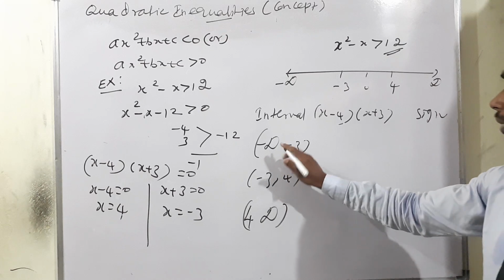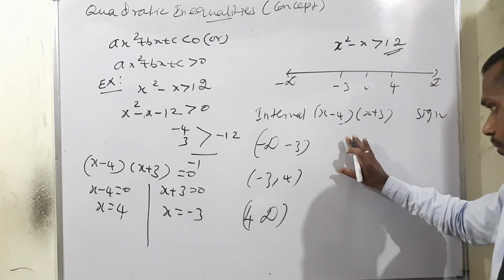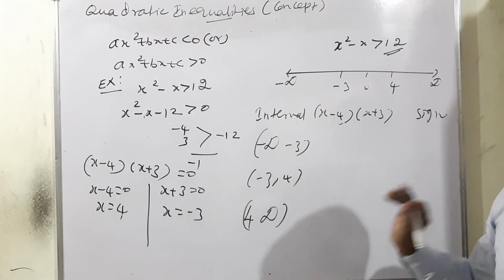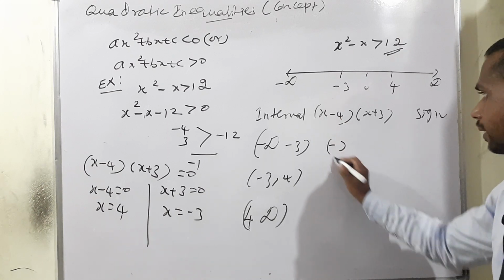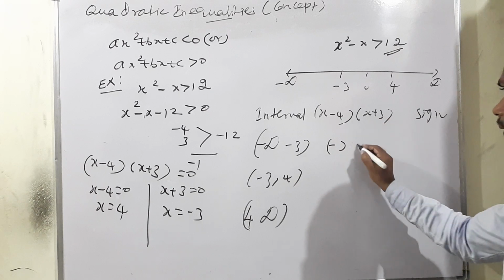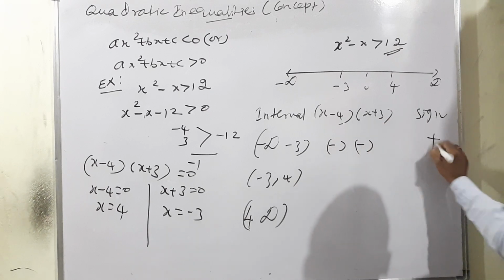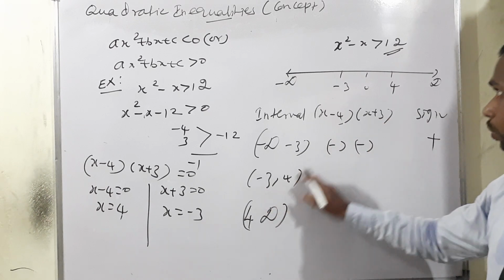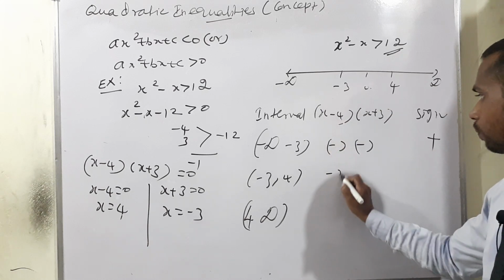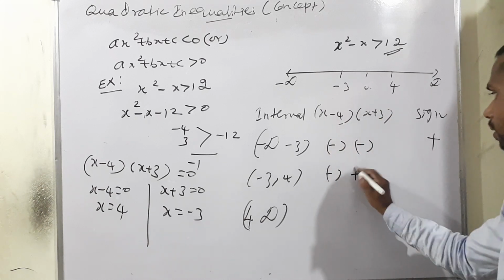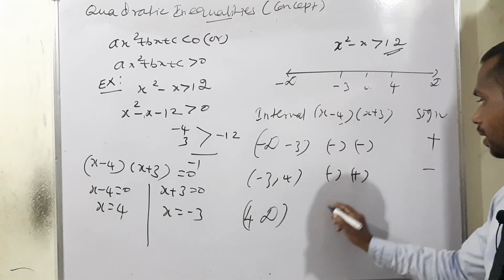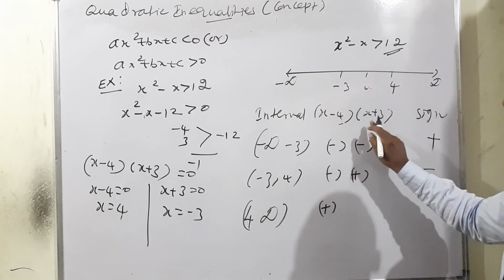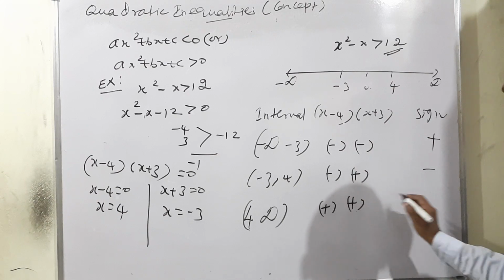First one, take minus 4. Now we only have to write the sign. Minus 4 means minus sign, and x plus 3 again minus sign, so minus into minus is plus. Next, minus 3 to 4, 0 is there, no? 0 minus 4 is minus, 0 plus 3 is plus, so plus into minus is minus. Last condition, 5: 5 minus 4 is plus, 5 plus 3 is plus, plus into plus is plus.